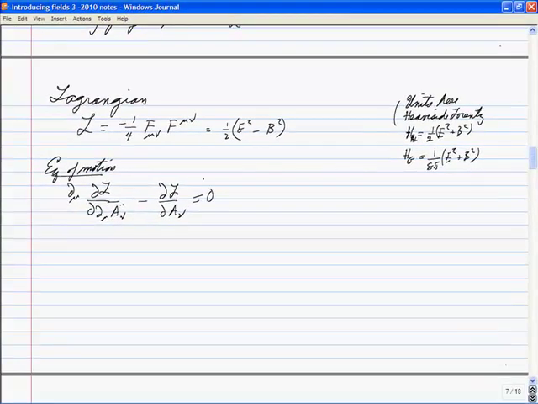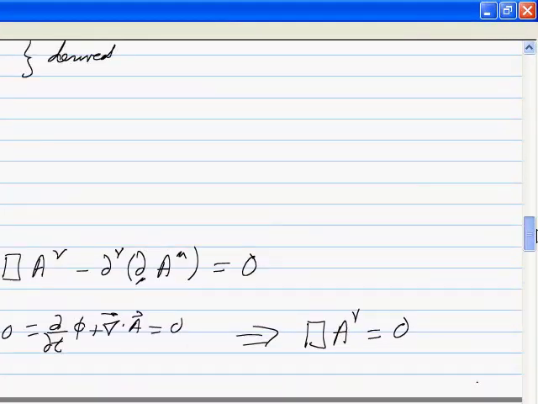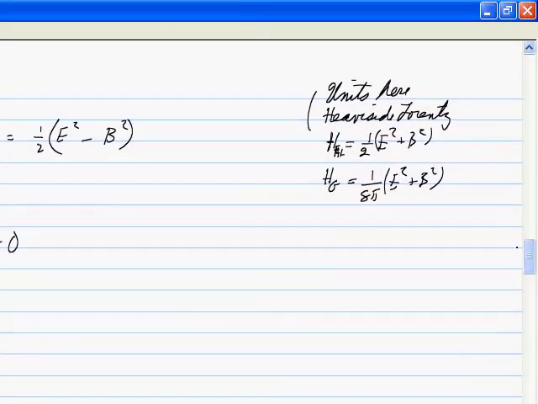Right now, with no interaction, there is no second term there, because the only things that depend on are those guys. And there's my Lagrangian right there. Okay?